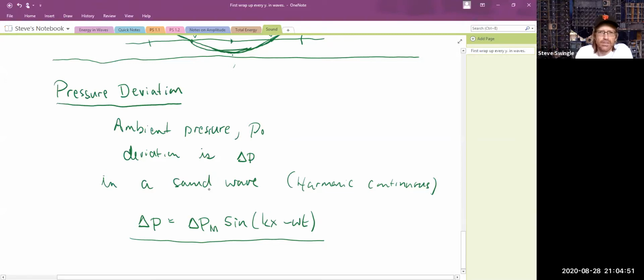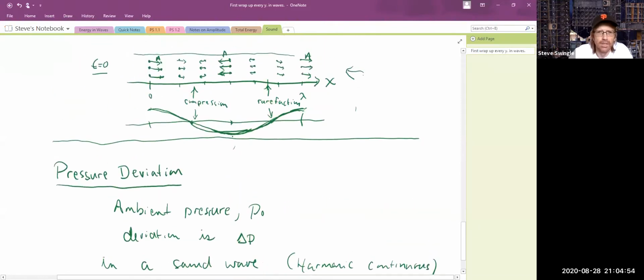And you can kind of see in the picture up here, if the particle displacement goes like a cosine function, then in this situation, there's a sine function, right? And this is the pressure deviation. This is delta P, right?